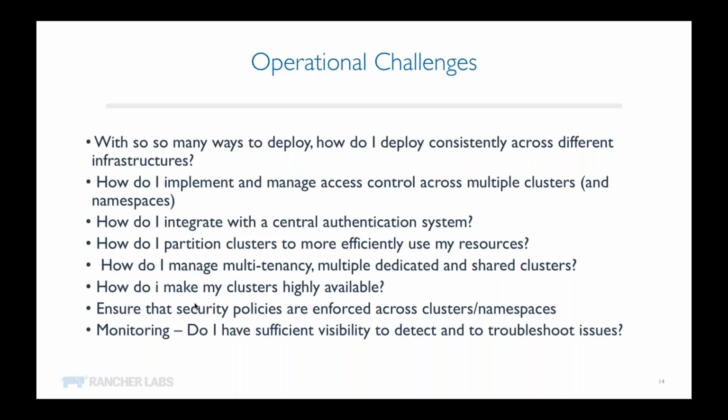How do I implement and manage access control across multiple clusters? So you don't want to be recreating users and RBAC systems for each of these different clusters. That becomes an entire department unto itself. How do I integrate with a central authentication system? So if you're already using Active Directory, you don't want to duplicate that effort for your users and groups.